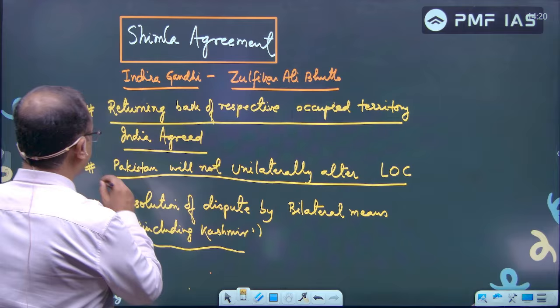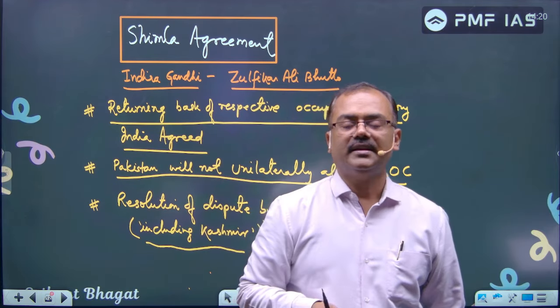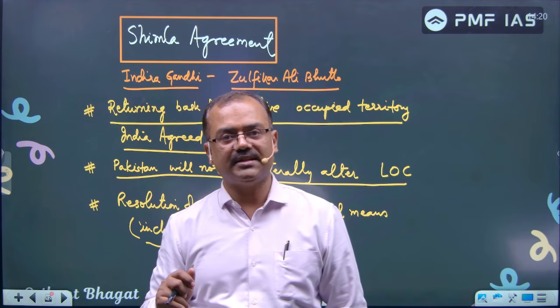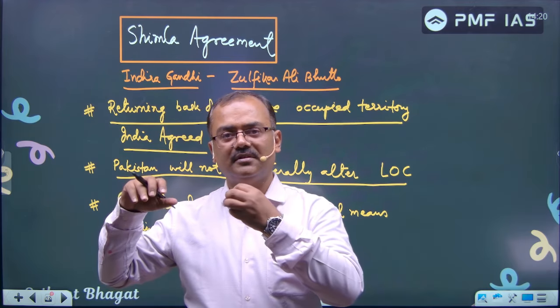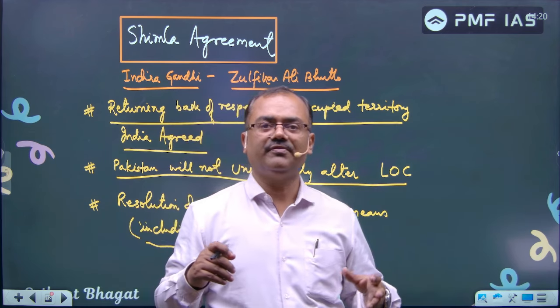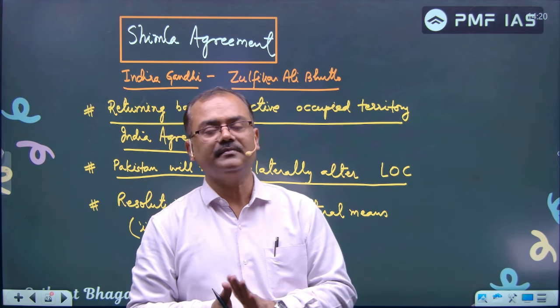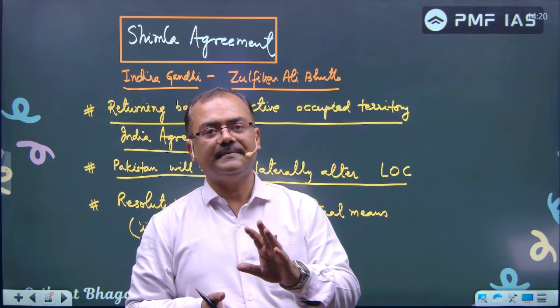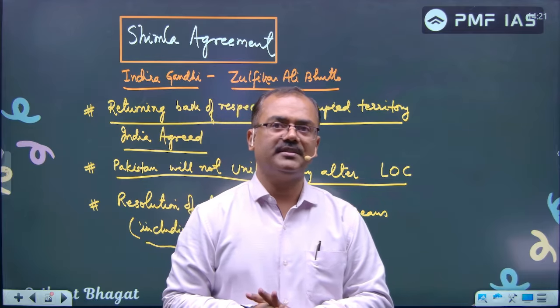Why is this point very important? Why does the Simla Agreement again come into the news? Recently, when Operation Sindoor was started by India, India targeted Pakistani infrastructure of military strategic significance. Pakistani military infrastructure was crushed by India in Operation Sindoor.